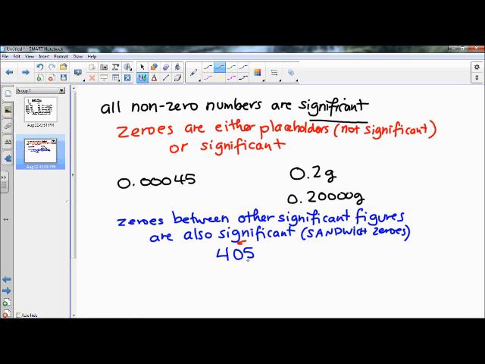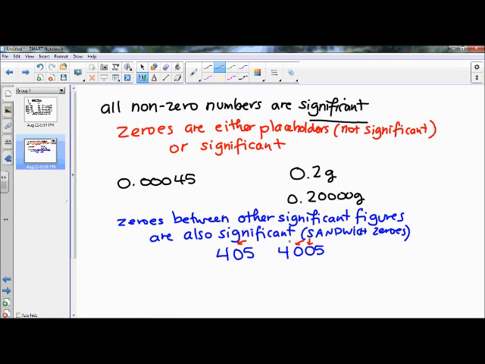This zero is in between the 4 and the 5, so it is also significant. So this is like bread, piece of meat, bread. Now look at this sandwich. This would be bread, bread, meat and cheese. It's still a sandwich. So both of these zeros are considered significant because they're in between other significant figures.